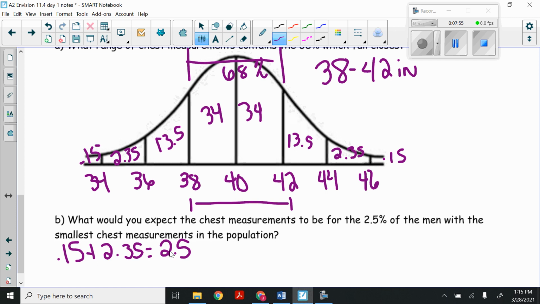So anytime they're asking you for 2.5%, I'm looking at the wing and the very last section. So the last 2 areas. So I see that is between 34 and 36. So we would say less than 36 inches. Because everything less than 36 inches is going to fall in between that 2.5%.